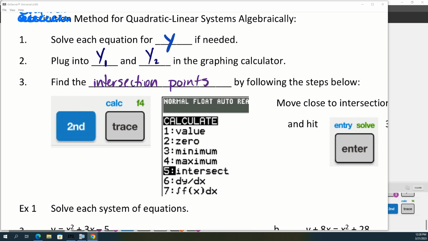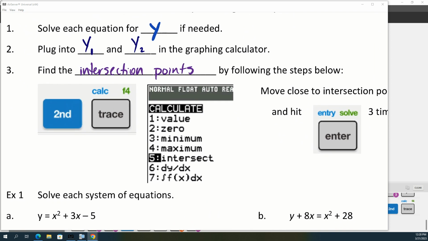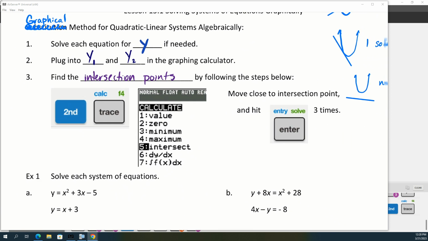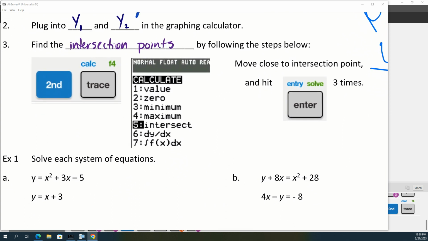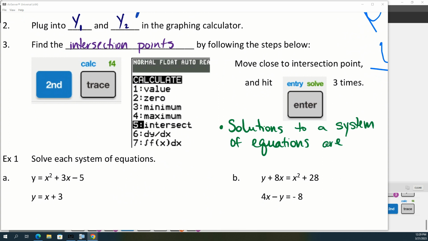Okay, so I just did screenshots of the buttons that you push and what your calculator will look like. What I want you guys to know is that the solutions to a system of equations are ordered pairs.